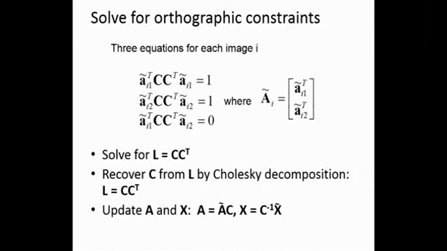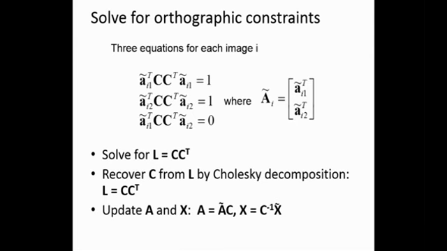And then I can solve for this C such that I have an affine matrix that's parameterized by C, where A_i1 and A_i2 are the two rows of the ith camera matrix.